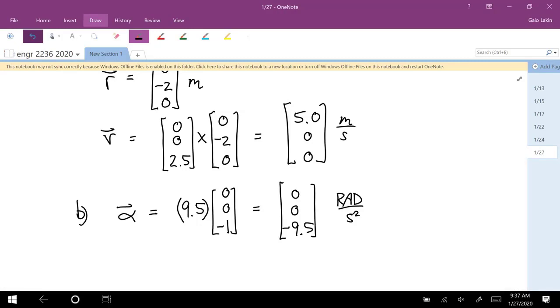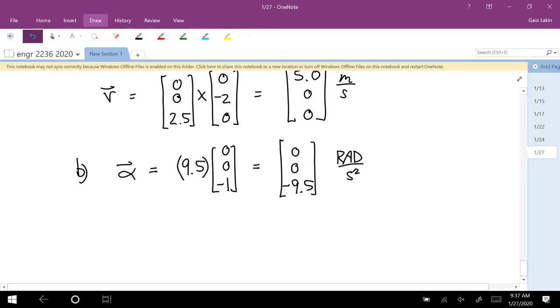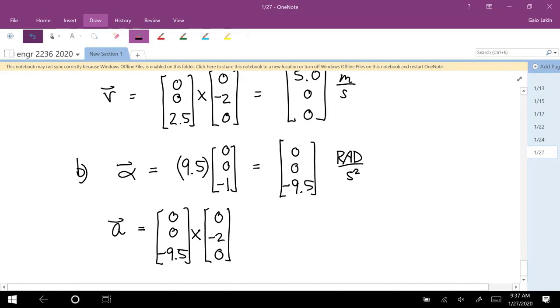And we already have the angular velocity and the r vector from part A. So the acceleration of that point is alpha cross r. So 0, 0, negative 9.5 crossed with the r vector, 0, negative 2, 0.